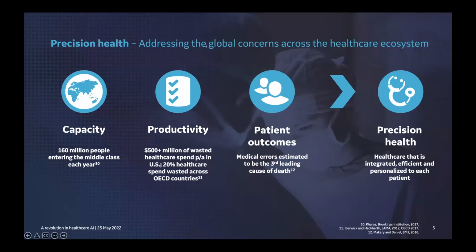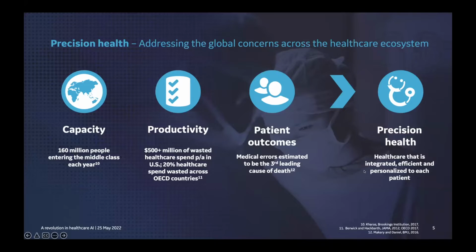I want to start from a holistic view of precision health. The healthcare space as a whole is moving towards precision health. Instead of just doing a scan, getting an image, and providing a diagnosis, we are moving to an approach to care that is integrated, efficient, and highly personalized to each patient.